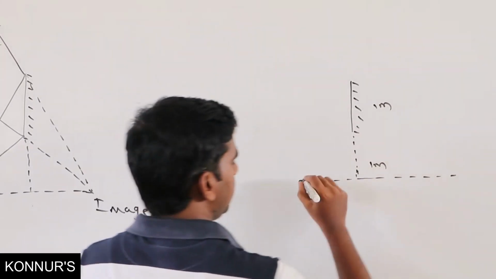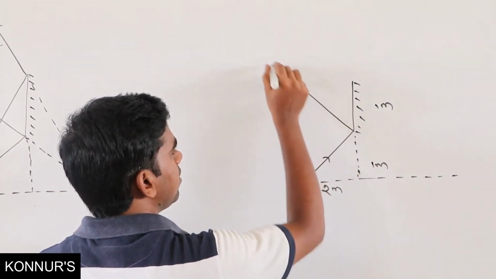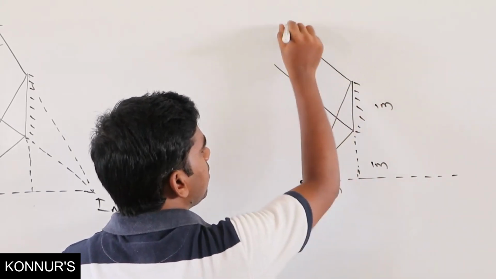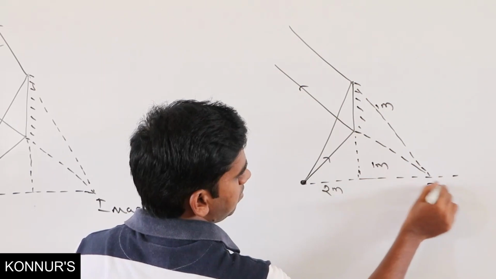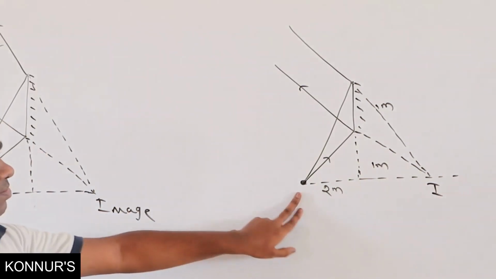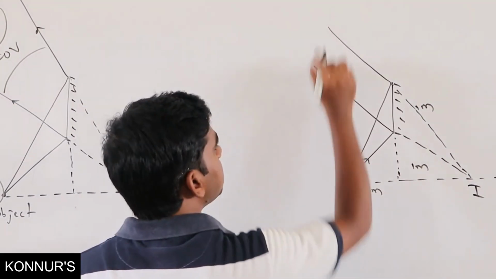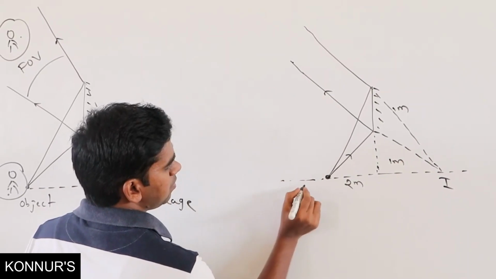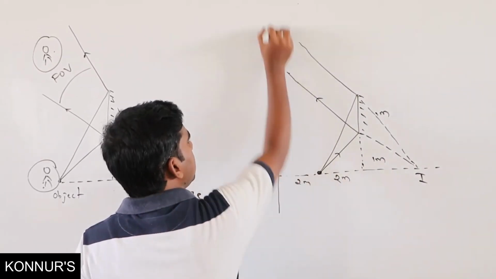So where will its image form? Somewhere here. Similarly, the image will form somewhere here. Will this person be able to see the image? He will not see his image. But if this person comes here, he can see the image. At 1 meter or 2 meter distance, there is one path.